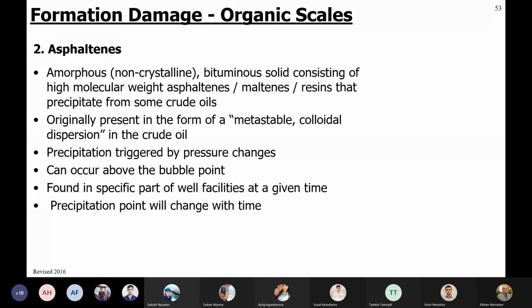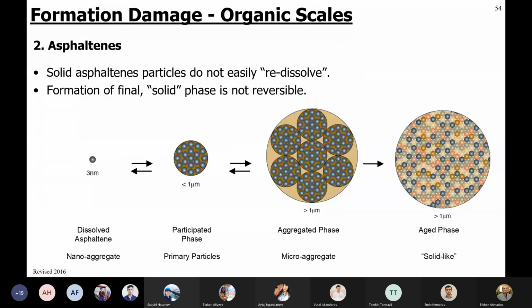The difficulty related to the asphaltenes is that solid asphaltene is not easily redissolved, and if it gets to a solid phase, then it starts aggregating together, and it creates quite large, relatively, particles that will cause blockage in the tubing, in the wellbore perforations, and the upper tubing, reducing the flow path of the fluid to the surface.